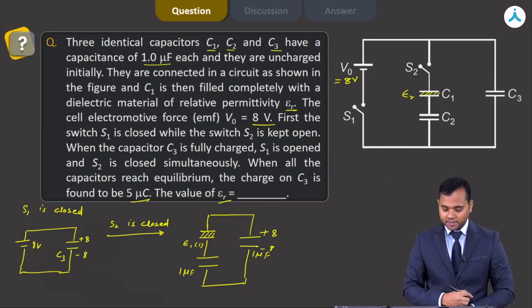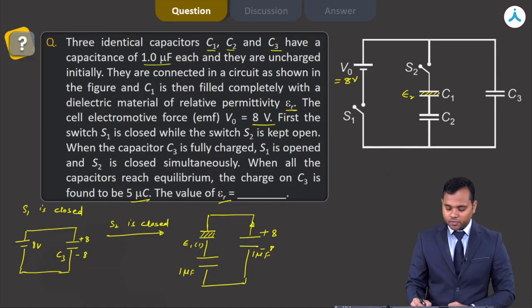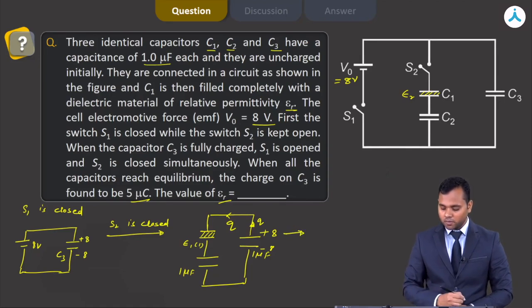Now we can say that, let's say the Q amount of charge flows in the circuit here. That means this charge will now be equal to 8 minus Q, and this will be minus of 8 minus Q over this plate.